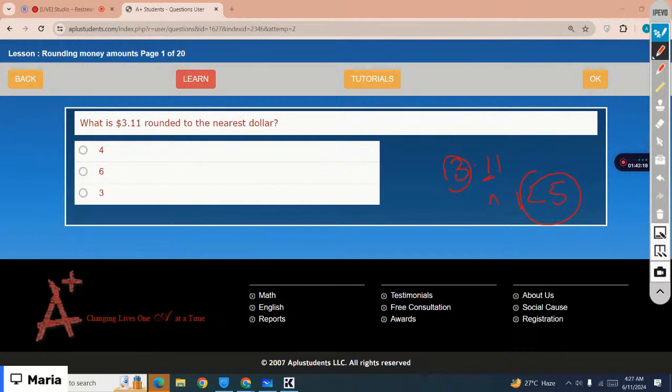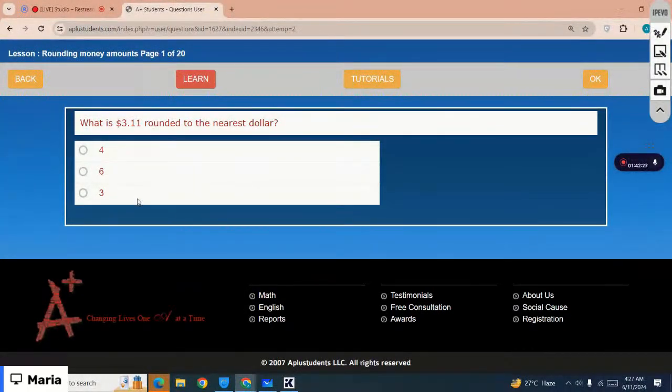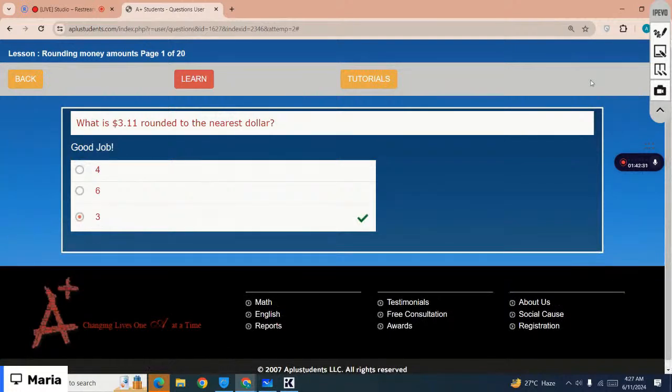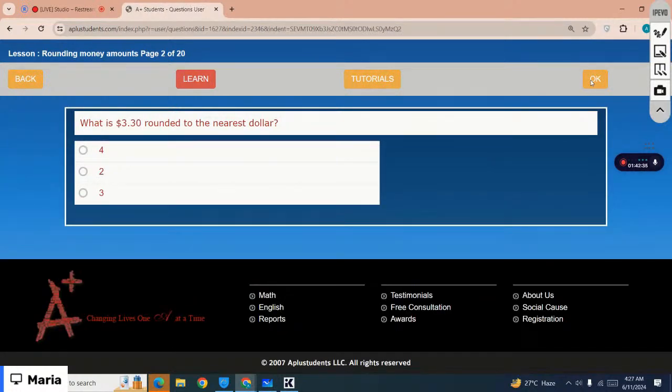The correct option is 3. Yes, 3 is the correct option. What is 3.30 rounded to the nearest dollar, which is the correct option?